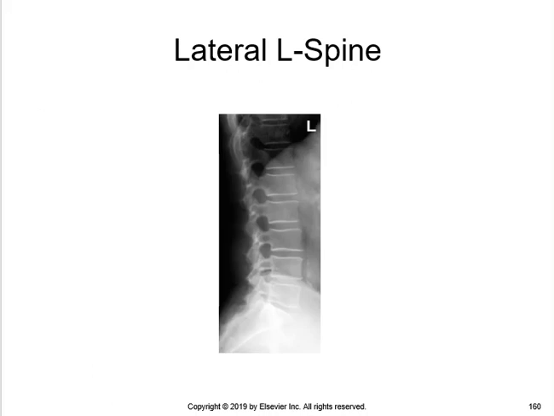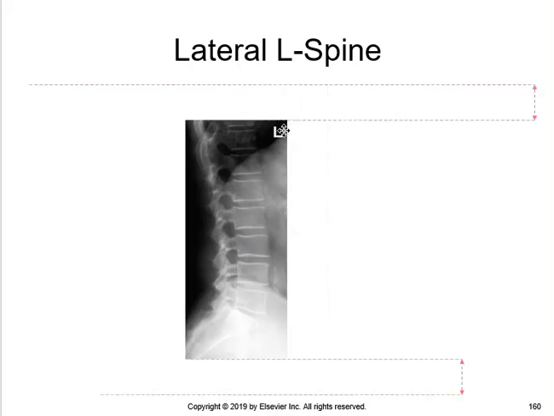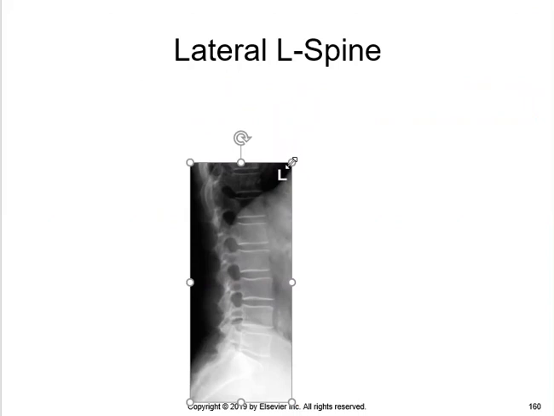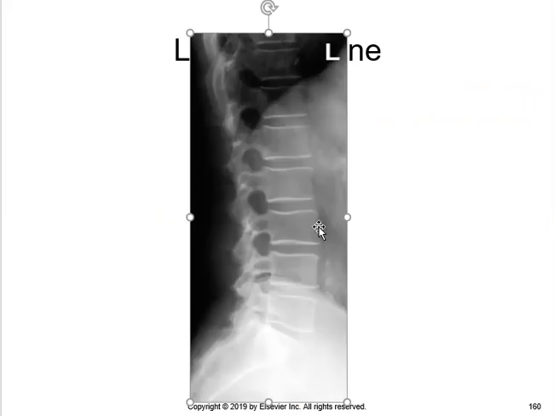You're going to have a difficult time if you just walk into the patient's room and you start to imagine where to put your central ray on an L-spine. First off, you're probably going to have a tendency to want to put it in the middle of the anatomy. And keep in mind that the L-spine is further back in the patient's anatomy.